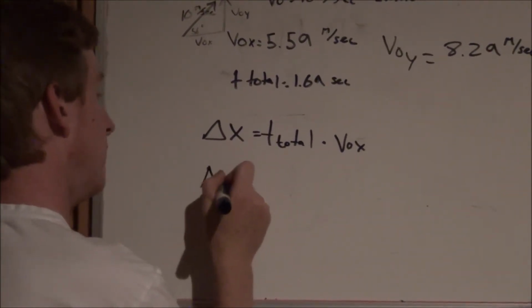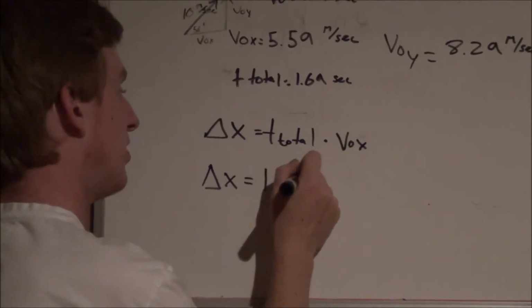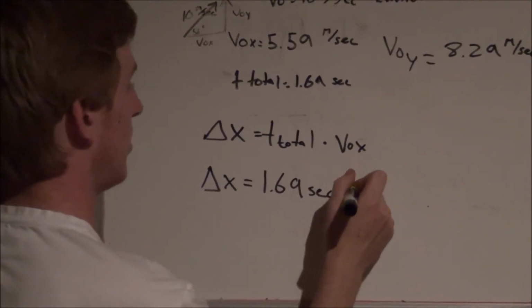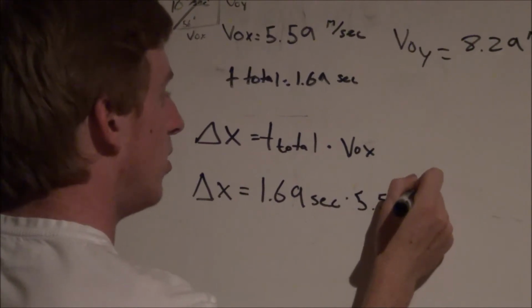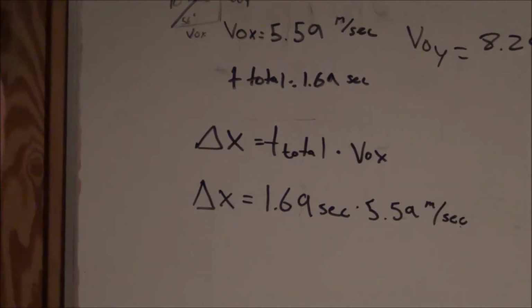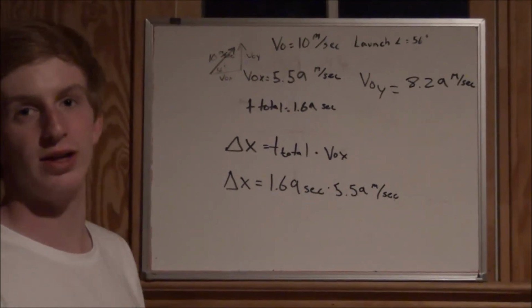So we have delta x equals 1.69 seconds times 5.59 meters per second. Notice that we are using the unrounded values to be as precise as possible. We now go to the calculator to do the math.